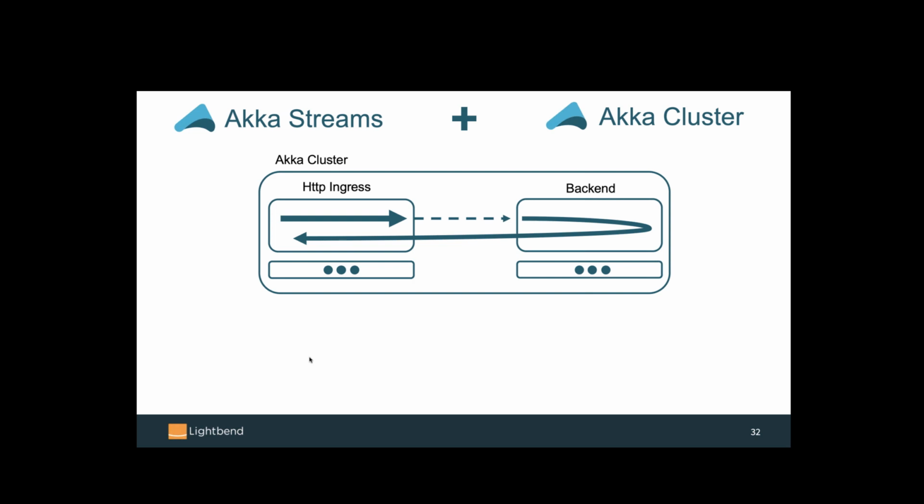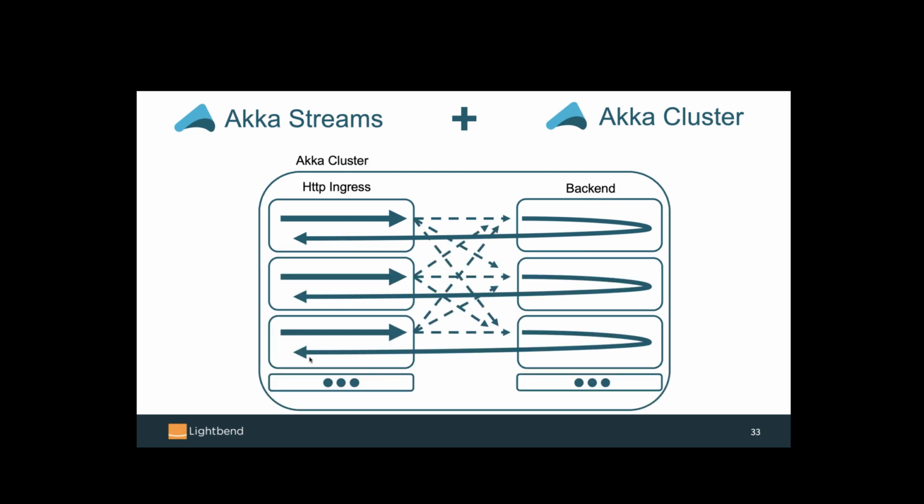So we can build backpressure throughout both of these nodes, and then we can independently scale both sides up as needed. If you need more HTTP nodes, we can just add those, and we can add more backend nodes as those are necessary. And any of the front end HTTP nodes can communicate with any of the backend nodes, and vice versa.